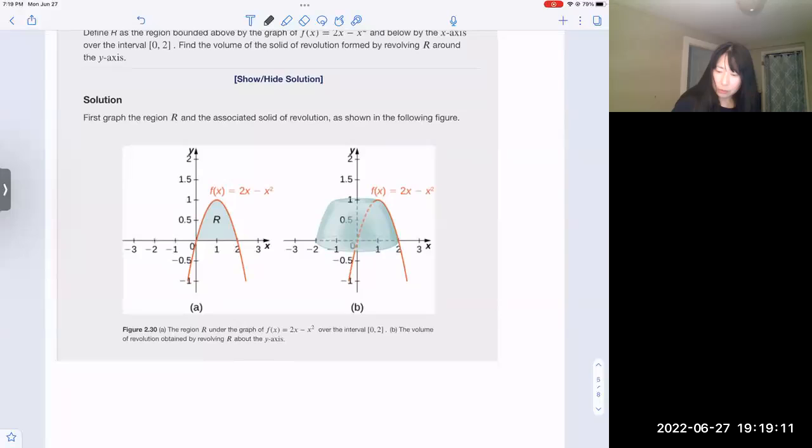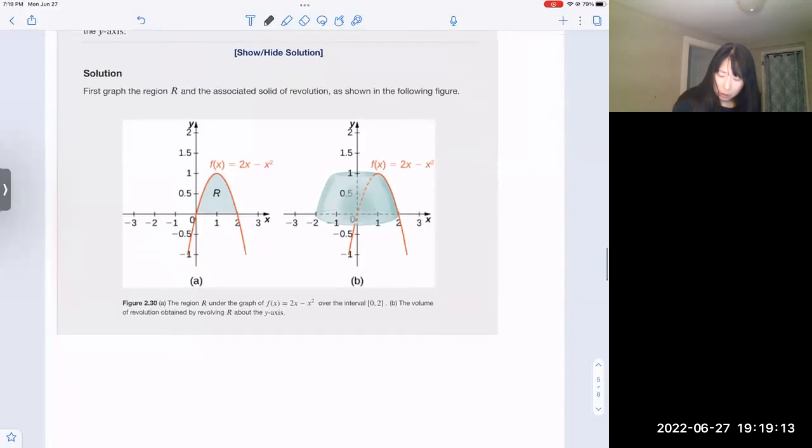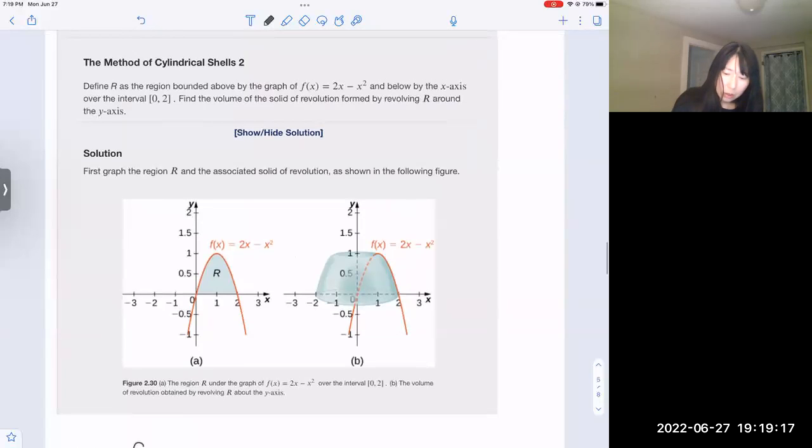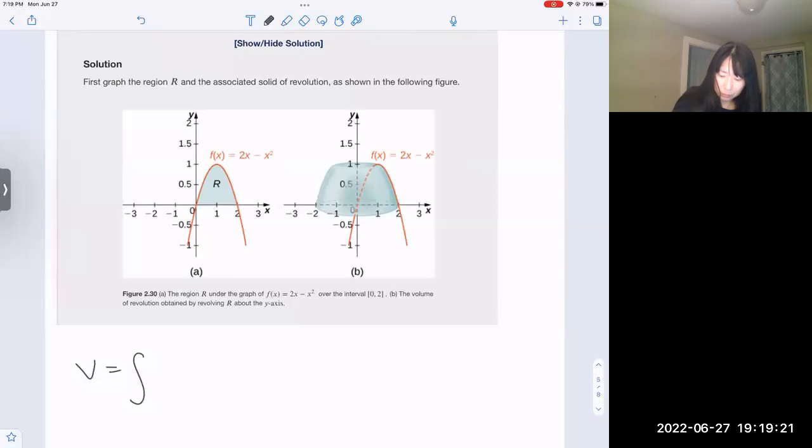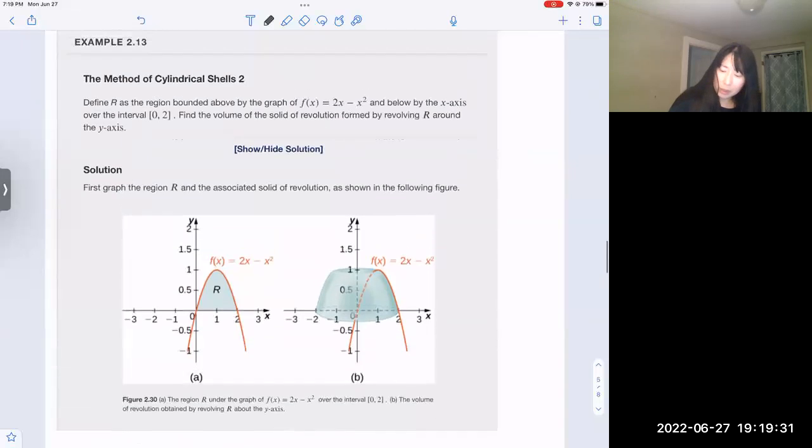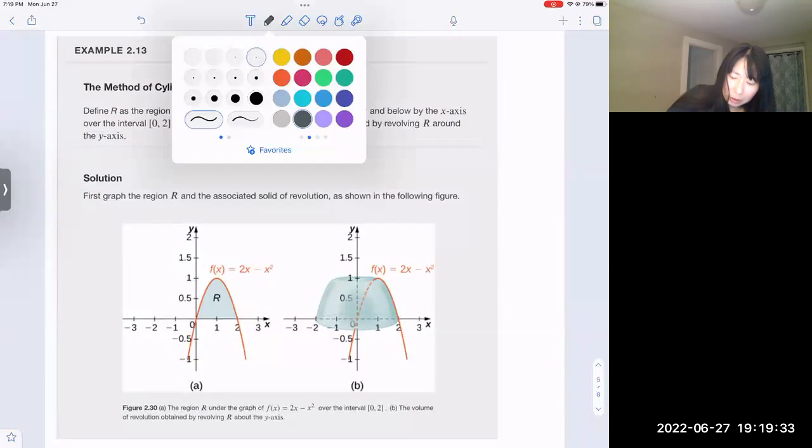Okay, so the volume from 0 to 2, and 2 pi, radius, which is x.